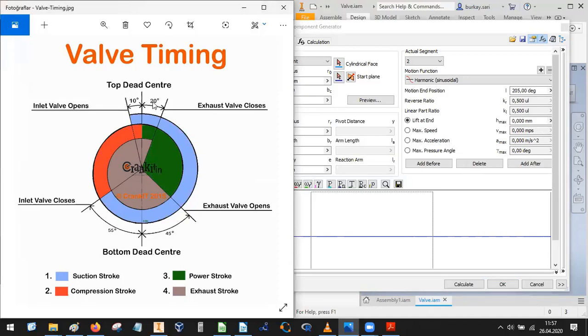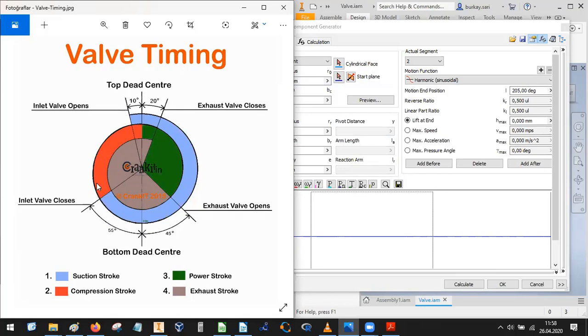After this, we go back 10 degrees. For this, my movement starts at 350 degrees. After 350 degrees, the inlet valve opens, and it will close up to this point, which is 180 degrees plus 55 degrees.